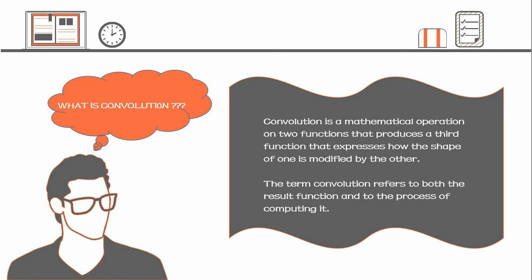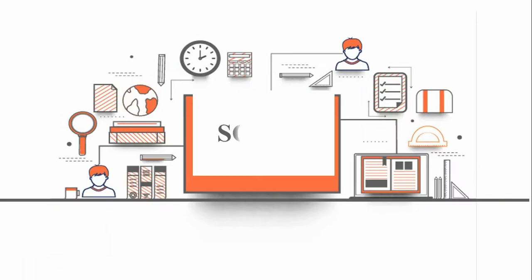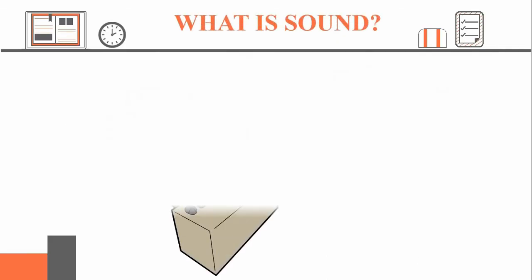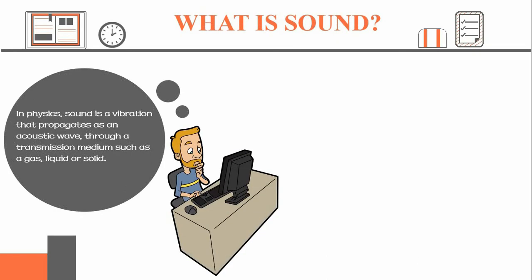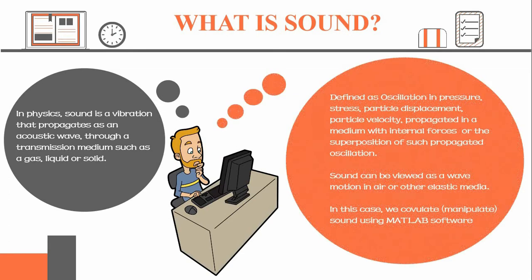For this assignment, we use the convolution function. Then sound. What is sound? In physics, sound is a vibration that propagates as an acoustic wave through a transmission medium, such as a gas, liquid, or solid.